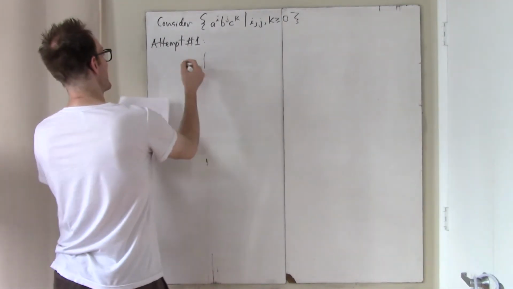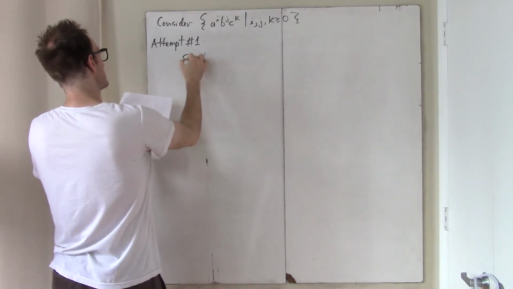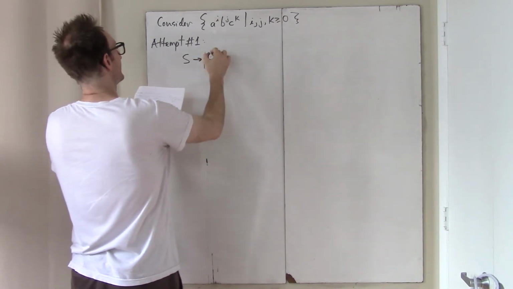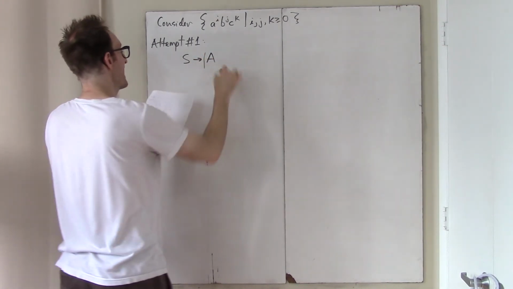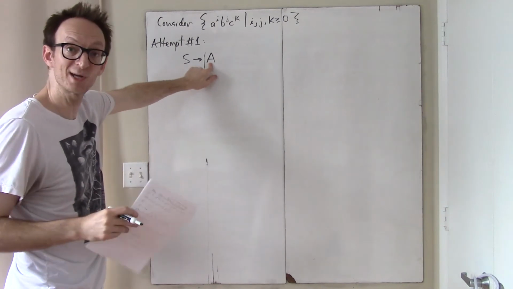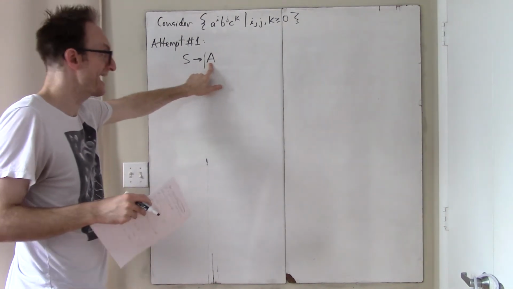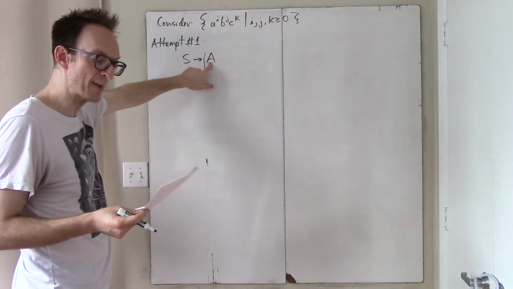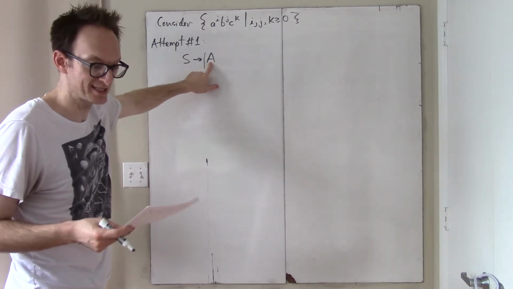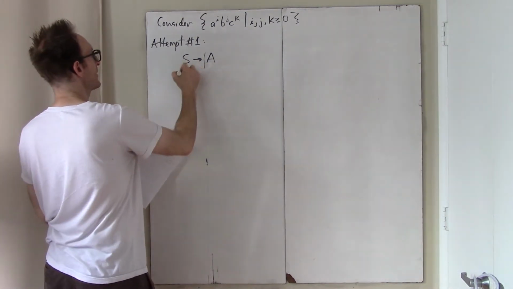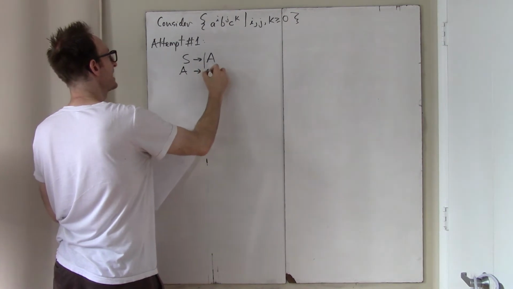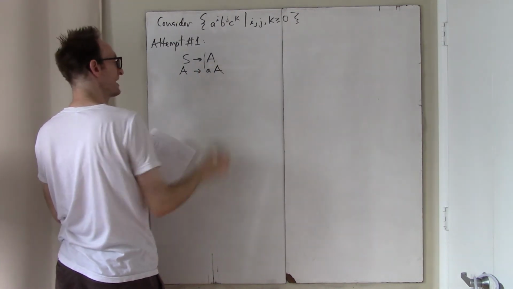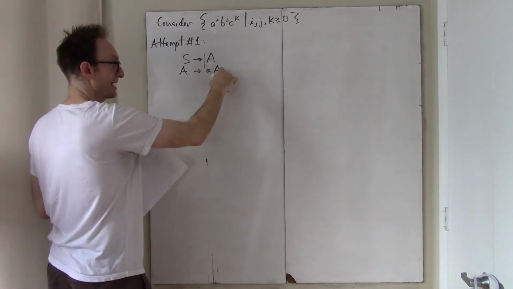So Gossett says, this is his own example, he says, okay, let S first go to sort of section A. So let's think of non-terminal symbol A as being the symbol that sort of captures the idea of we're in the A section now. And then what do I do in the A section? I just make some A's. And then I stay in the A section possibly.